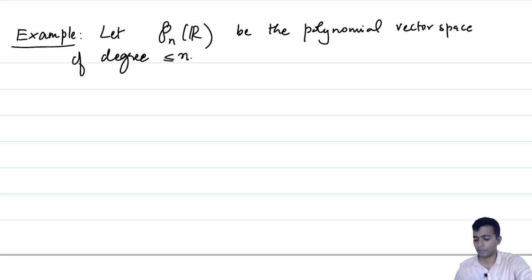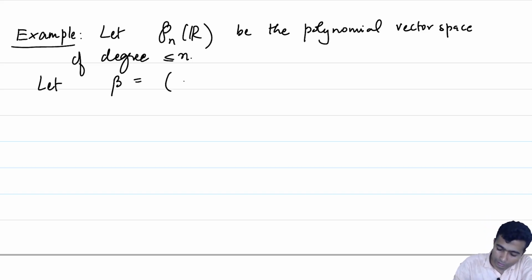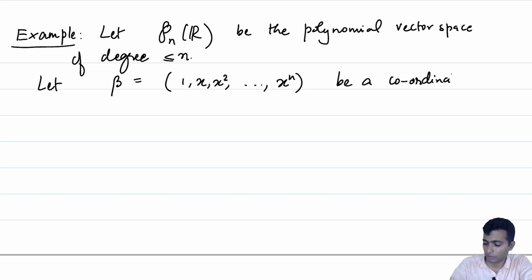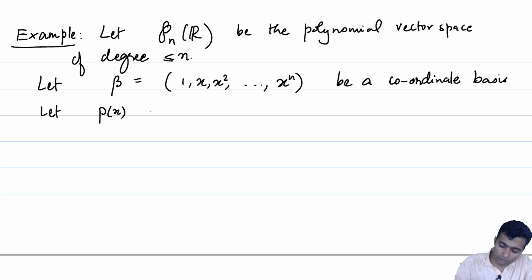And we know a particular basis for this particular vector space. Let beta be 1, x, x square, to x to the power n, be a coordinate basis. So in this particular order, if you consider, it's a coordinate basis of Pn of R.